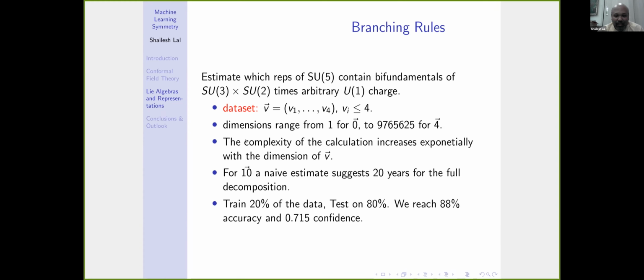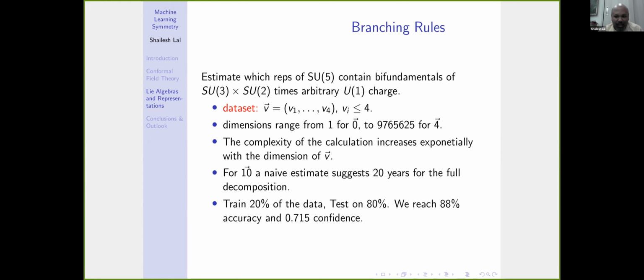And the time taken to do this calculation on Liart increases exponentially with the dimension of V. If you were to populate all of these entries with 10, a naive extrapolation suggests it'll take about 20 years for the full decomposition to arrive, and then you can calculate whether that representation is present or not.